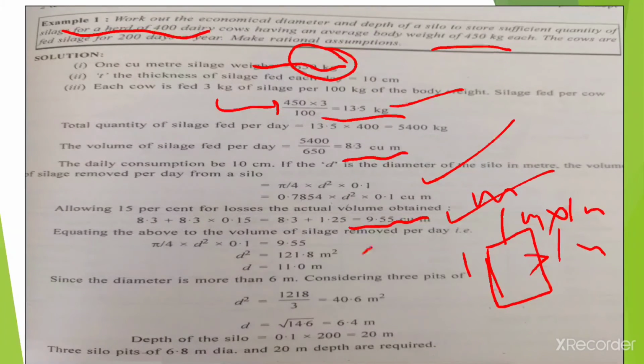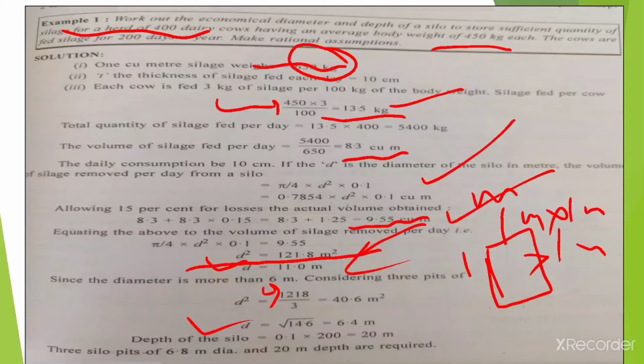But the answer is 11 meter, so it's more. So we can consider there are 3 pits. For this equation, D² is equal to 121.8 meter square. We use it as it is here, and divided by 3 is equal to 40.6 meter square. So we get the final answer here, D is equal to 6.4 meter.